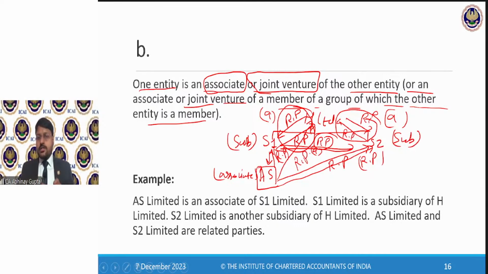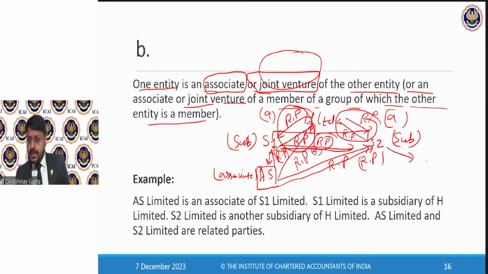So associates of any subsidiary will be regarded as a related party for the company to which it is an associate, for other subsidiaries within the same group, and the parent company, right? Same thing applies to the joint venture.